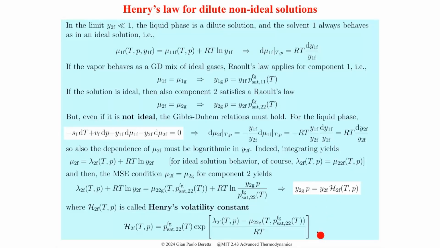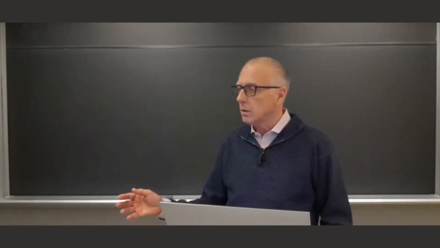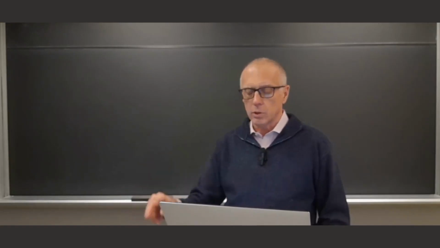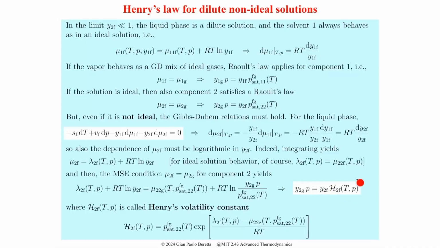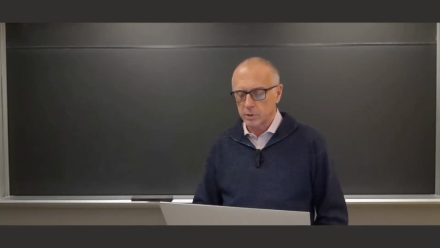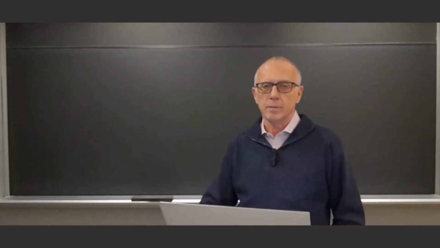And it's going to be given by this relation here. So how do we obtain this? And this is valid for any mixture in the dilute solution limit. There is a constant like that. It's called Henry's constant, but it's really something that is independent of composition, and it is a function of temperature and pressure. So it's constant once you fix temperature and pressure.